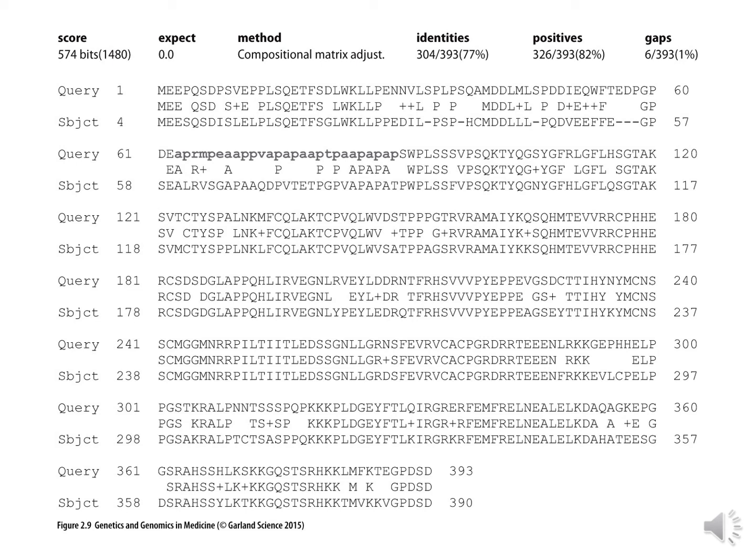The plus symbol in the middle lines denotes functionally similar amino acids. They occur here at 22 positions, which when added to the 304 gives a total of 326 positive matches out of the 393. The term protein similarity is sometimes applied to this type of ratio.